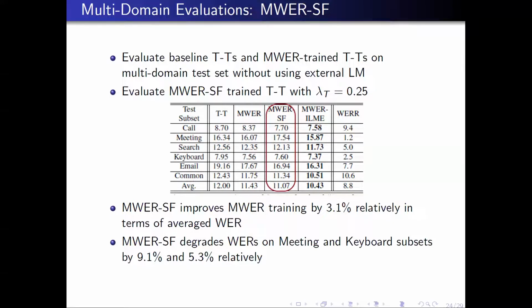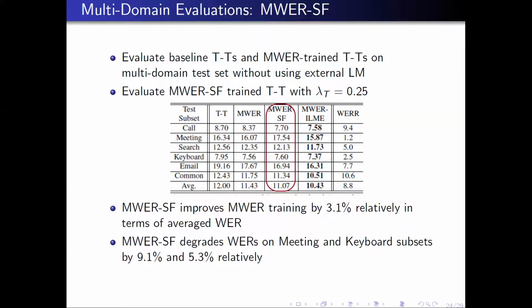Now we look at how well their training methods perform. Firstly, we present the MWER-SF trained transformer transducer with lambda of 0.25. The MWER-SF improves MWER training by 3.1% relative word error rate reduction, in terms of average word error rate, from 12% to 11.07% absolute.